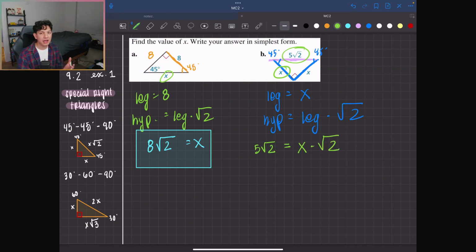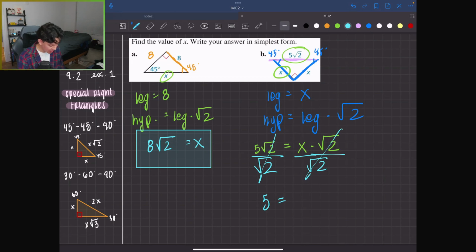Well, if I wanted to isolate this variable x, what are we going to do to both sides of the equation? We're going to divide both sides by root 2. So 5 root 2 over root 2 is just going to be 5, and then x times root 2 over root 2 will just give us x.